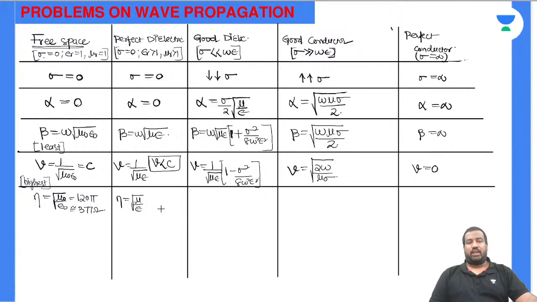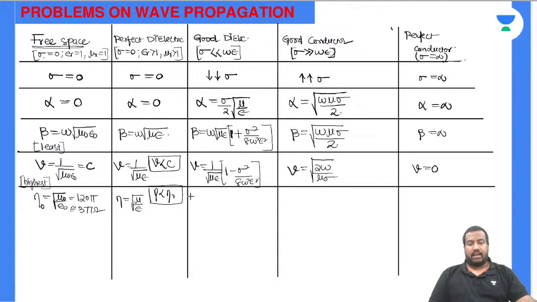Mu r is approximately 1 for most of the cases, epsilon r will be greater value. So eta is decreasing. In general, eta will decrease because mu r is approximately 1 for all practical materials. Let me call this eta naught. Eta is less than eta naught, decreasing.